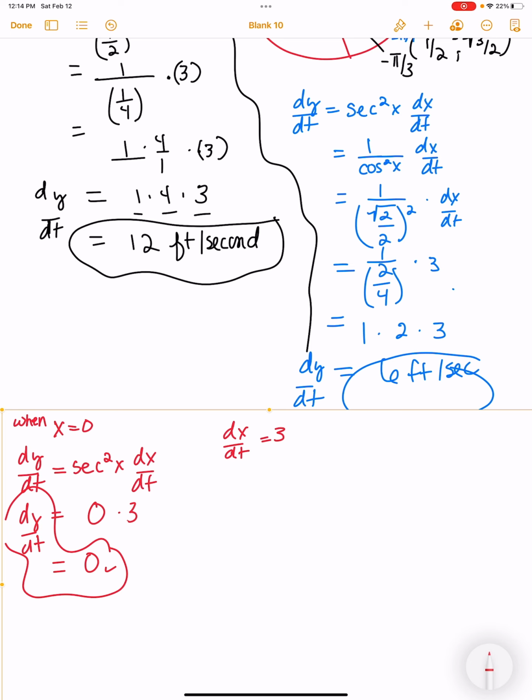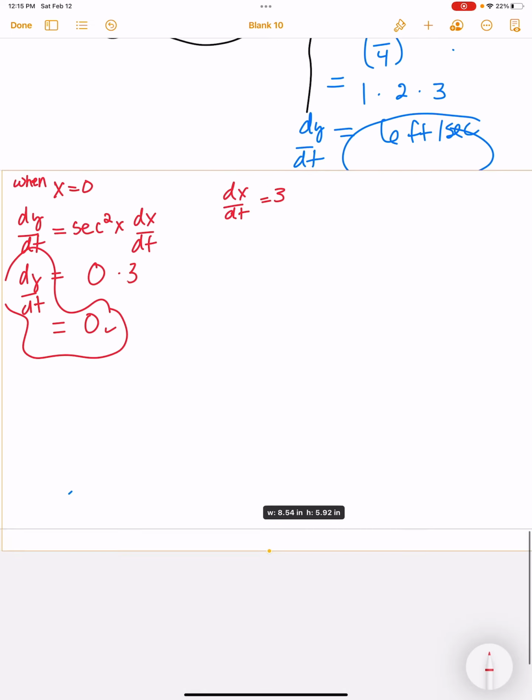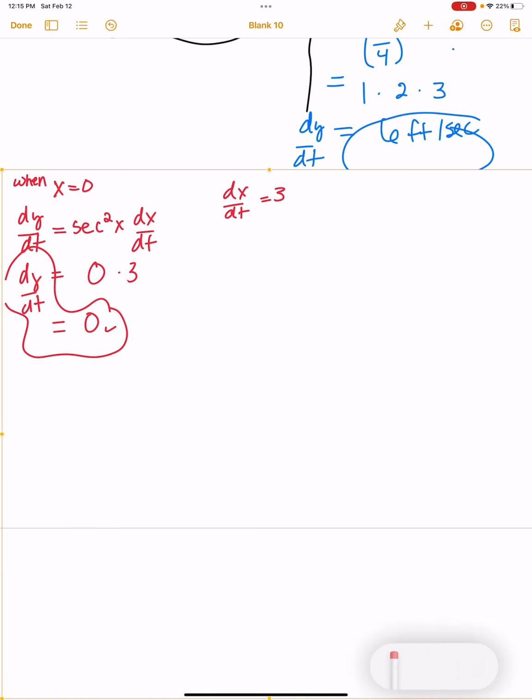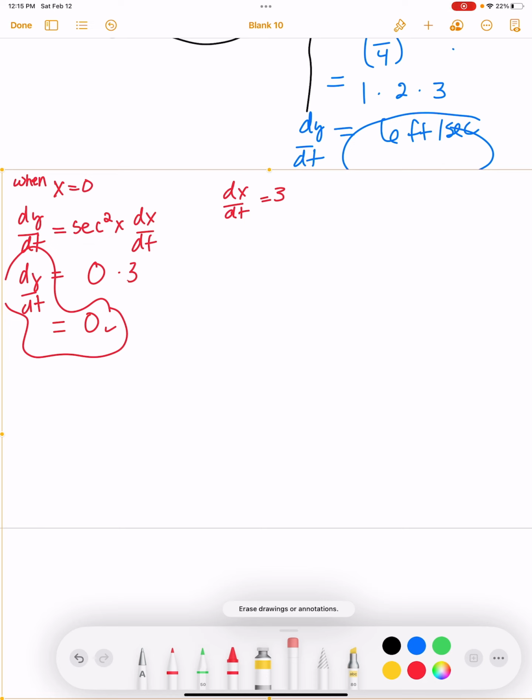And then I wanted to do one fun problem with you, and then I'll probably make a video doing more. So now we're going to see how these rules of differentiating can be applied to word problems. So I think I'm just going to do one.